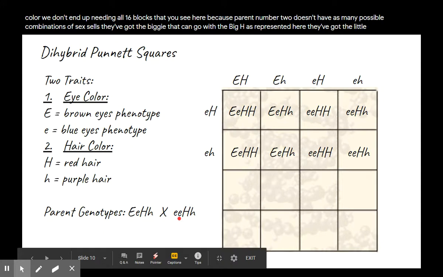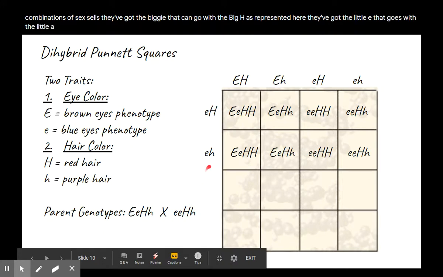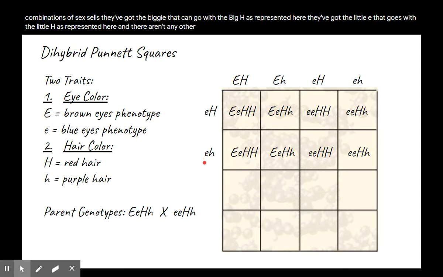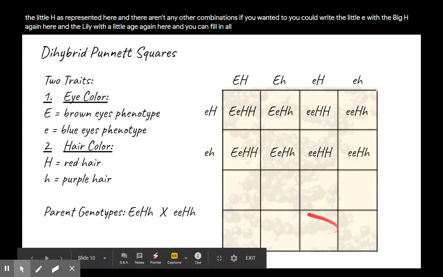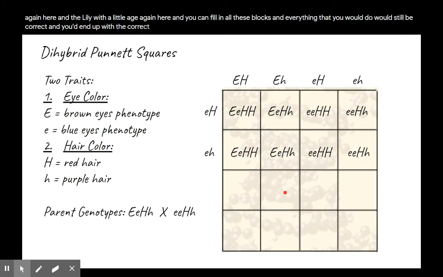They've got the little e that goes with the little h as represented here, and there aren't any other combinations. If you wanted to, you could write the little e with the big H again here, and the little e with the little h again here, and you could fill in all these blocks, and everything that you would do would still be correct, and you'd end up with the correct answer. You would have just done more work than you necessarily would have needed to.